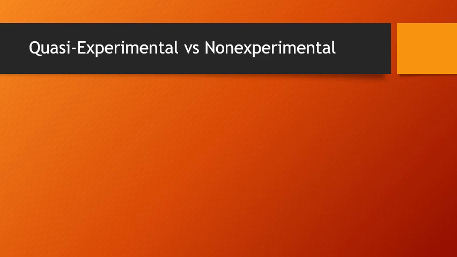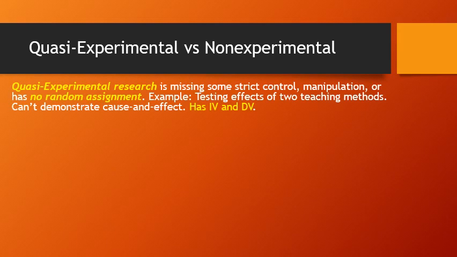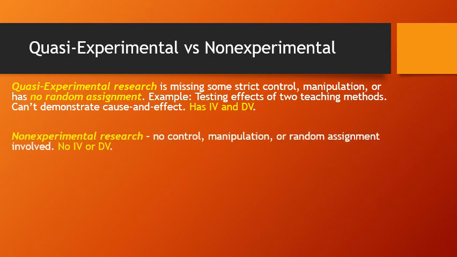Let's look at quasi-experimental versus non-experimental. Quasi-experimental research is missing some of the strict control, some of the manipulation, and quasi-experimental has no random assignment. Here's an example, testing effects of two teaching methods. Well, you can't demonstrate cause and effect. It has an independent variable and it has a dependent variable.